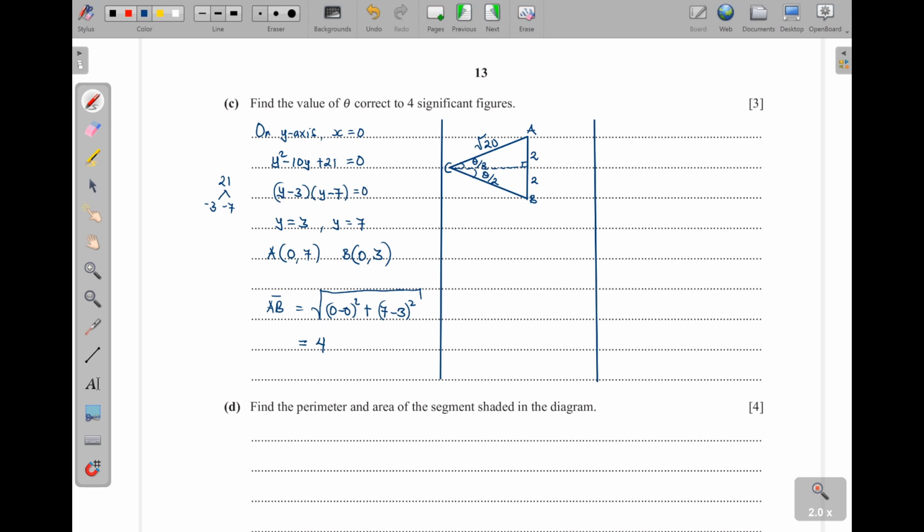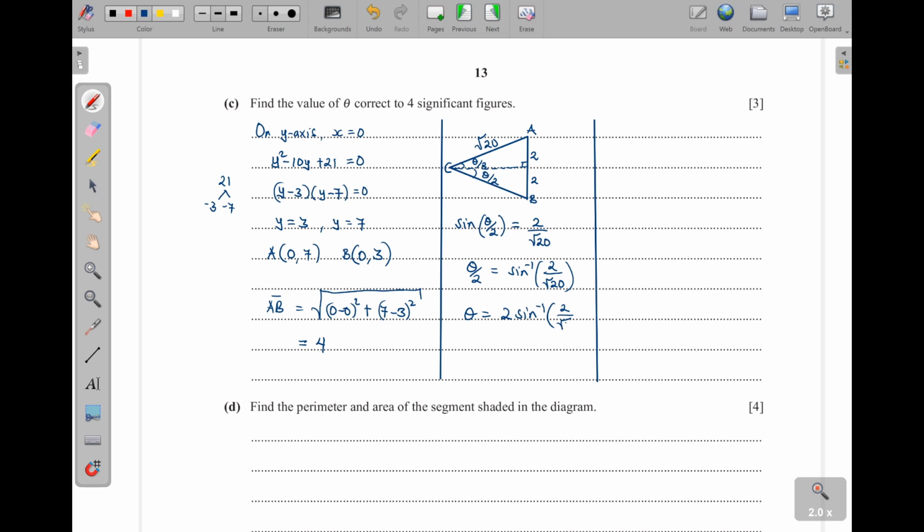I can use SOHCAHTOA and say sine of theta over 2 is equal to the opposite here, which is 2, divided by the hypotenuse, which is root of 20. So meaning theta over 2 will be equivalent to the arc sine of 2 over root of 20. And then theta becomes twice this one here.